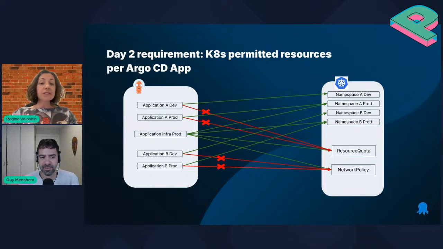And then all the business applications can be restricted, like in this example, to not be allowed to install resource quota or network policy Kubernetes resources. And then we have infrastructure applications that are less restricted, and those would typically deploy resources to different namespaces from different teams, and those applications would also typically be able to deploy all those kinds of infrastructure resources, like in this example.